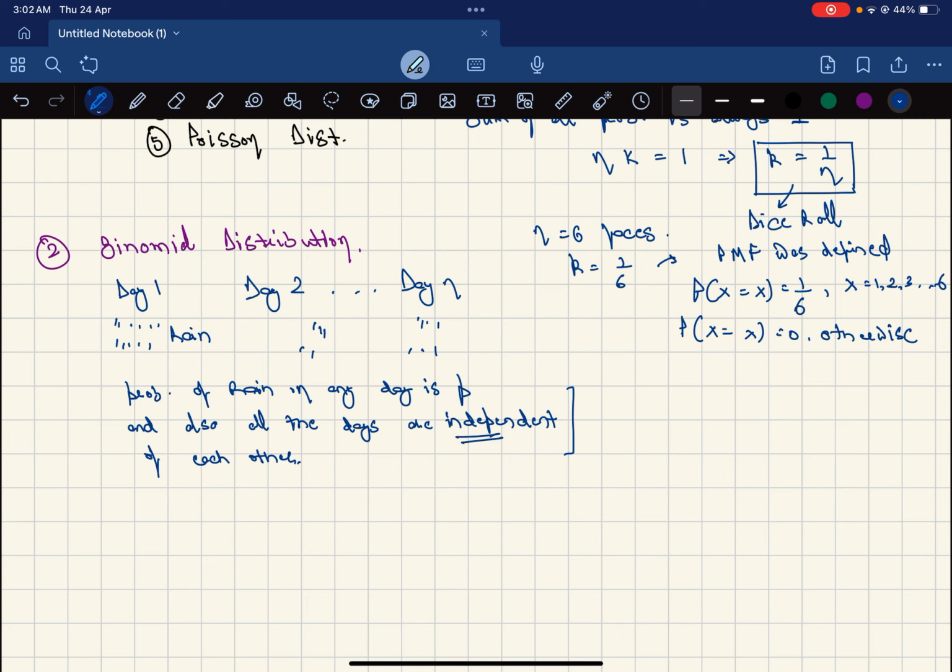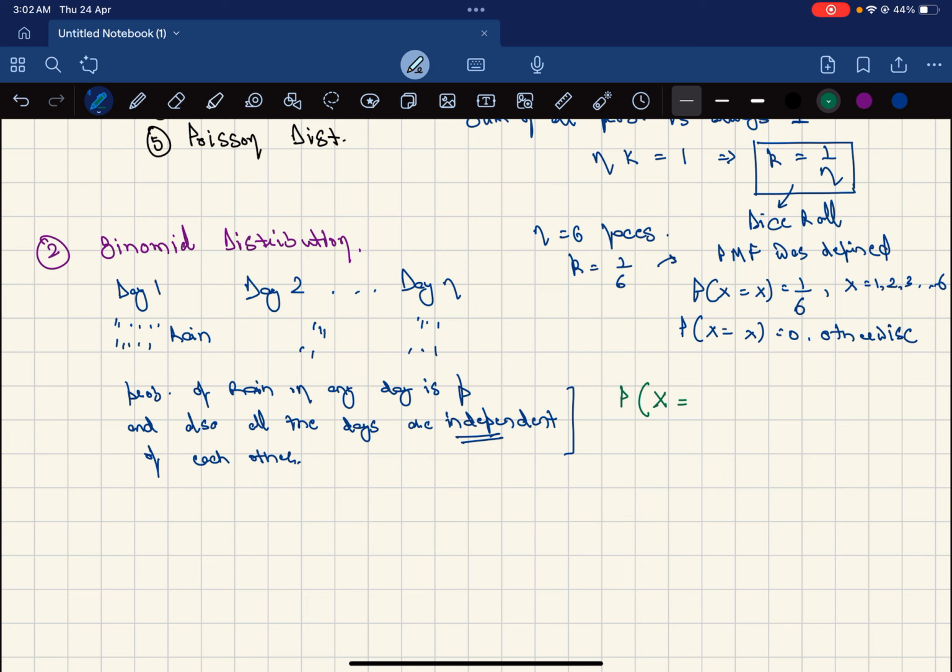If you remember from our sessions on probability, independent events are the ones where the probability of a certain event happening does not change given that the event happened on any other trial. That is the exact independence definition which we are using here. Now, we know that rain happens with a probability of P on any of these n days, and let us say we have to calculate the probability of rain happening.